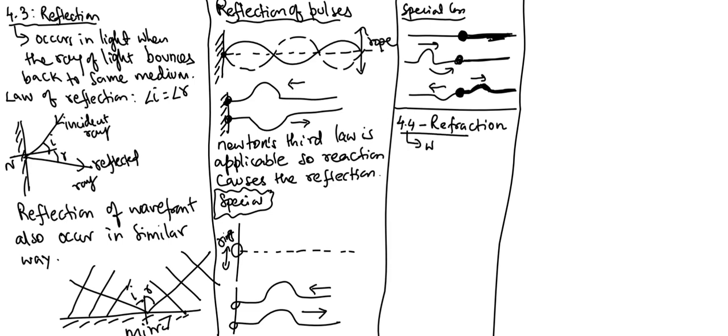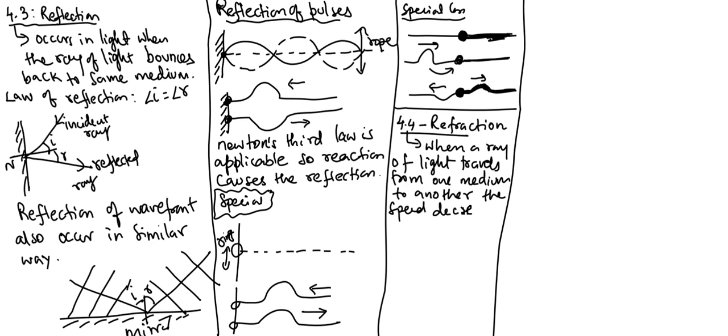We all know that when a ray of light travels from one medium to another, the speed decreases, and now the speed decreases under what condition? Decreases if density increases, right?